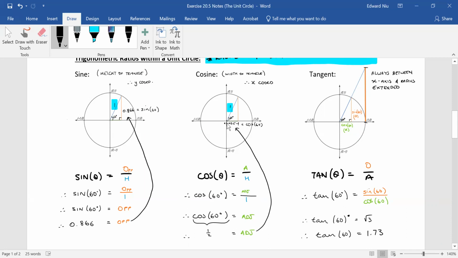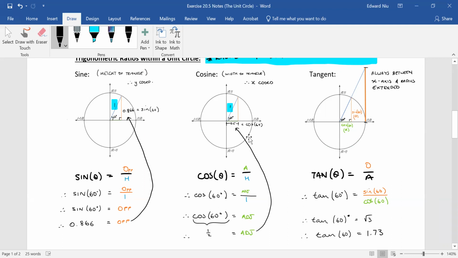With cosine at 60 degrees, 0.5 looks about half. That's pretty spot on. Obviously I didn't make it exactly proportional, I didn't measure it out, but if I did, this should be exactly half. And for sine at 60 degrees, it looks smaller than 1 but definitely bigger than half. So 0.866 for this height is pretty spot on. I'm pretty confident in our answers here.